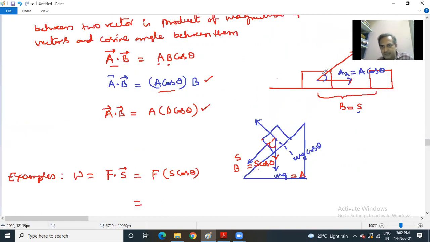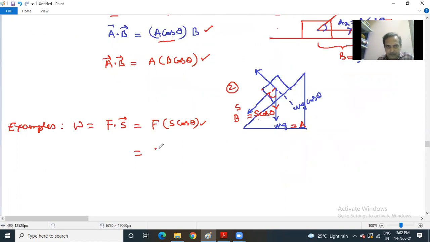In the first case, this is the diagram, and this is the second diagram. Keeping in mind the second diagram, you can write like this. Keeping in mind the first diagram, F cos theta is the component of F in the direction of displacement. So this is F dot S.